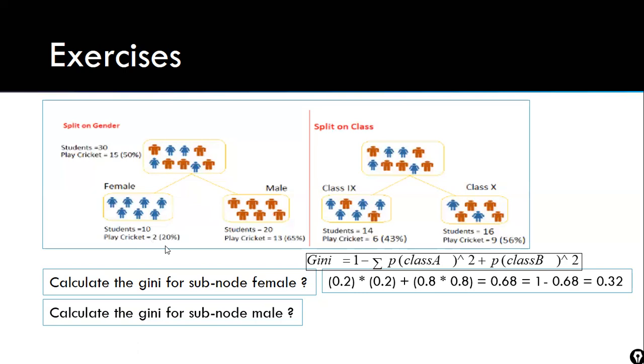So here probability of class A is 20%, which is nothing but 0.2. Class A whole squared, 0.2 into 0.2, plus, if you see, the probability of class B. What is the probability of class B here? In this case, we are getting 0.8.